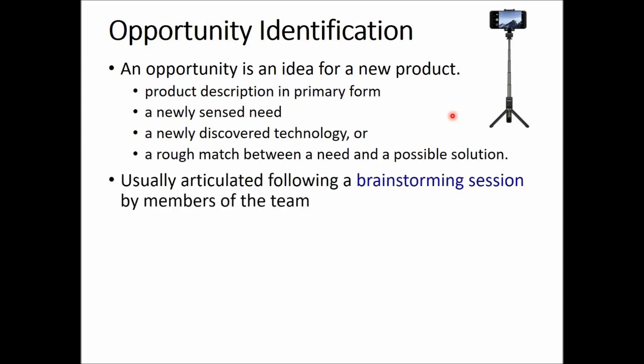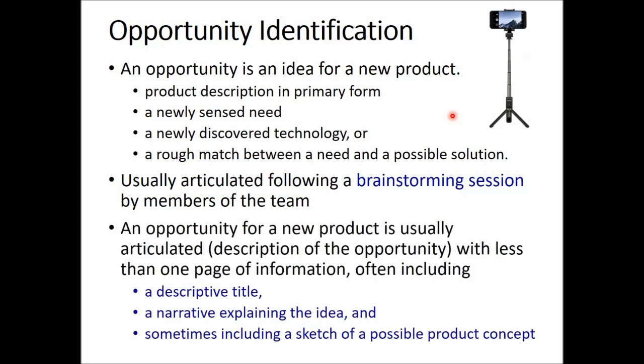So these opportunities are usually articulated following brainstorming sessions. So that is, you get together with a few individuals, maybe the project team, and then you discuss and you try to exchange ideas and try to come up with a set of opportunities.